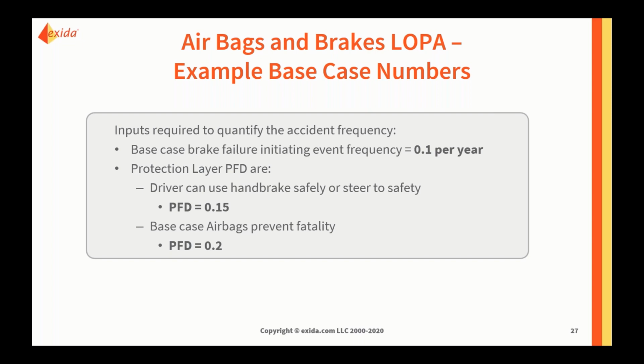So at the moment, we haven't really talked at all about what's the safety function and what's not, and that's fine. This is a straight risk analysis of this scenario with a base case design.